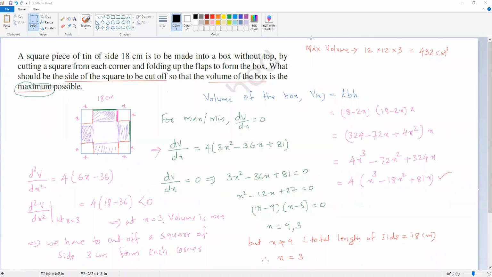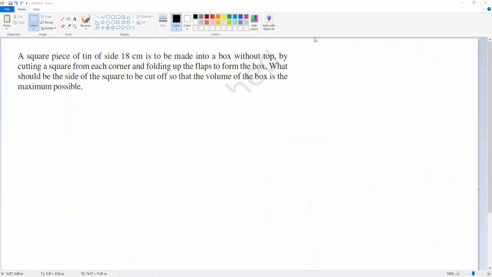These types of questions will come for 6 marks, and these types of questions are the most important questions from this chapter. If you have any doubt, you can ask. If no doubt, then we'll go to the next question.